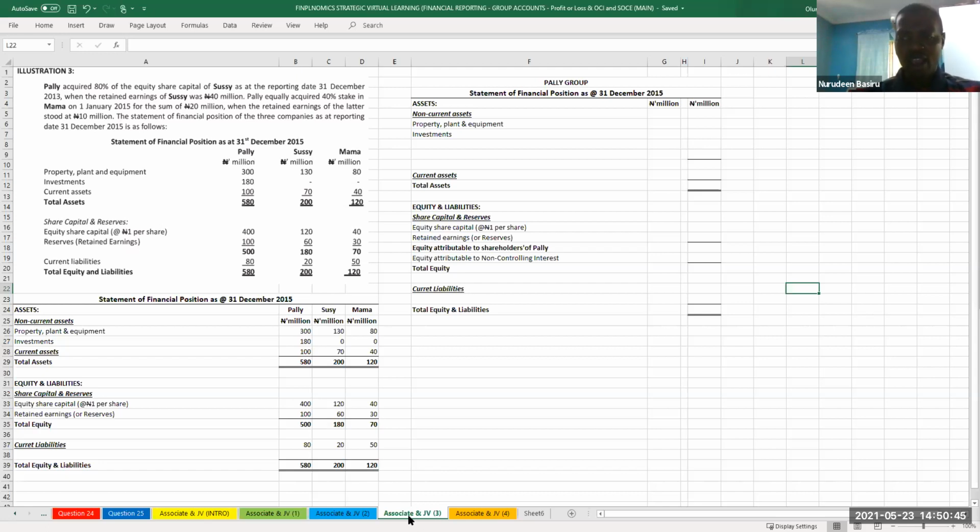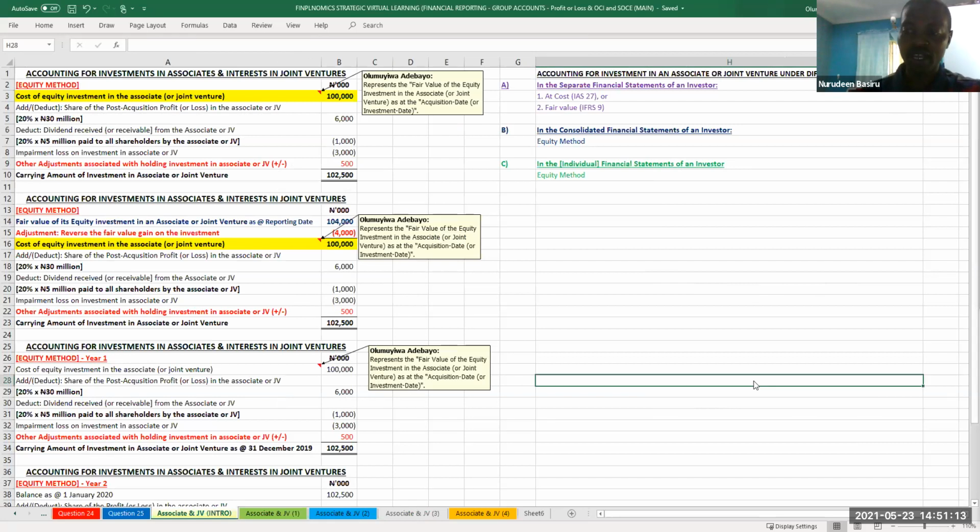Then what I want to learn more under joint venture and investment in associates is how we can actually apply the second method, which we call fair value. As we are all aware, yesterday you put us through how to adopt the cost method.